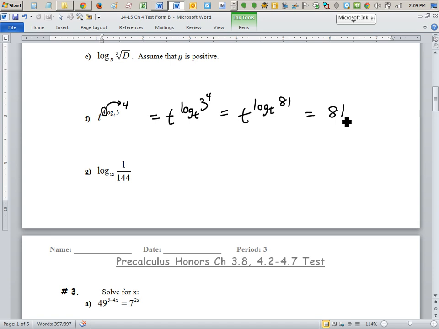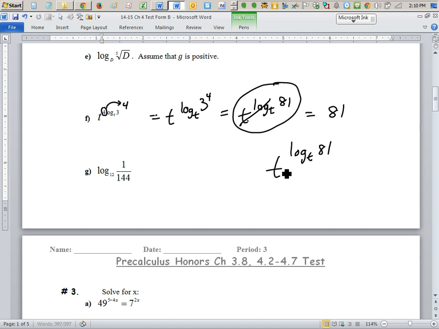So to the trained eye, this reminds a mathematician of something like, what's 81 cubed and then cube rooted? Or what is half of 81 and then times it by 2? So these basically undo each other. If you're having trouble understanding that, understand that this question, log base t of 81, is asking what power of t makes 81.